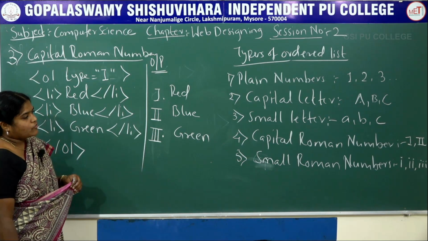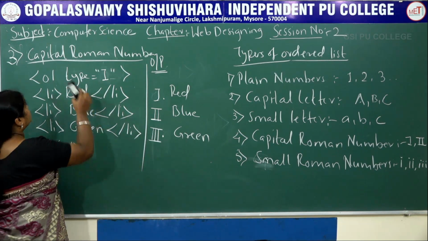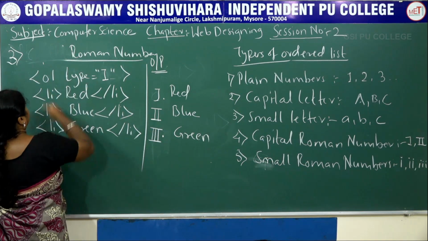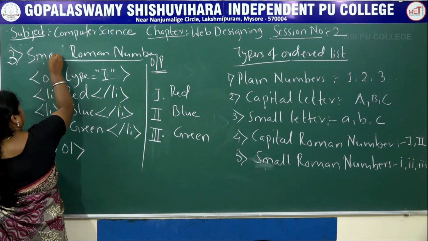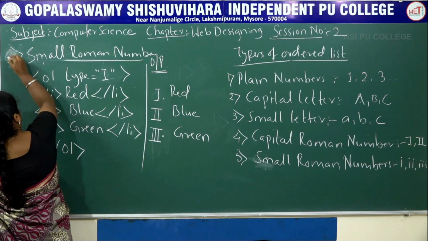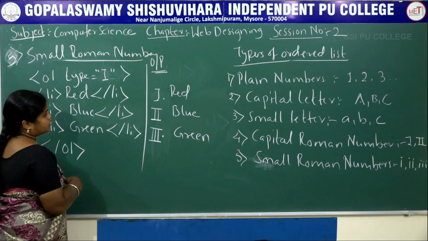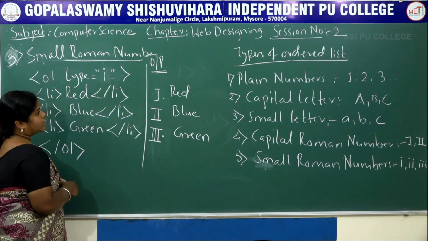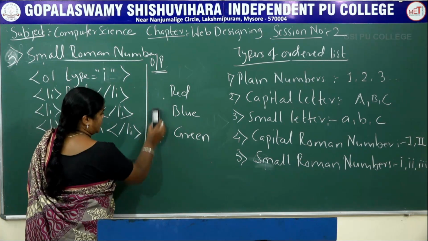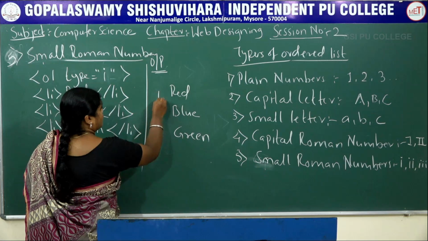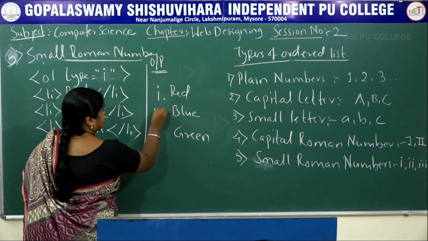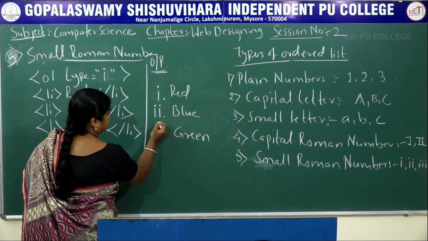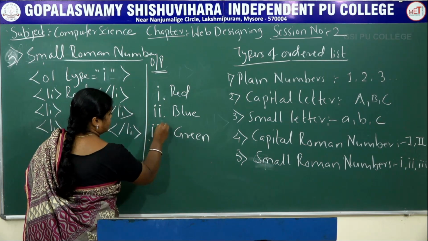In the same way, for small Roman numbers, you have to change it here. Here we are seeing this is the fifth type, the previous one was the fourth type. Here what we have to change is small i. Correspondingly, in the output it will get changed to i, ii for second and iii for third.